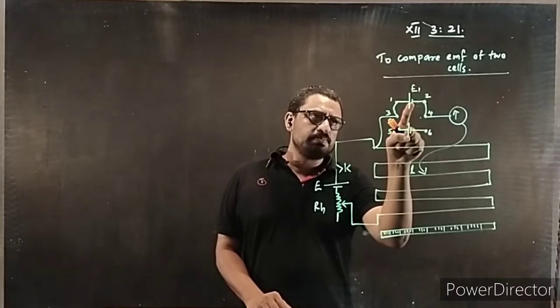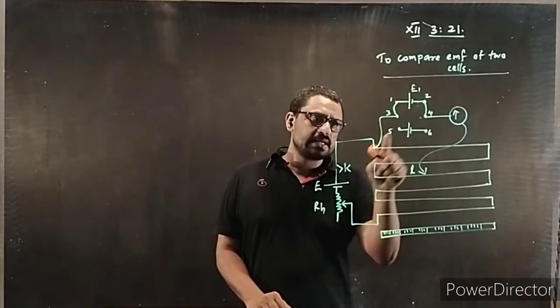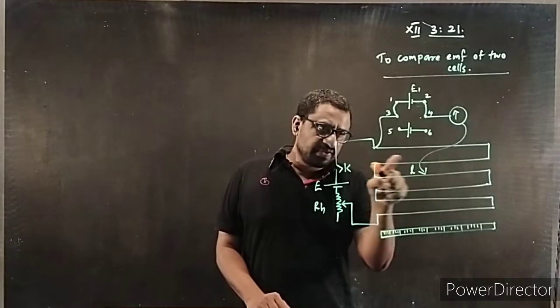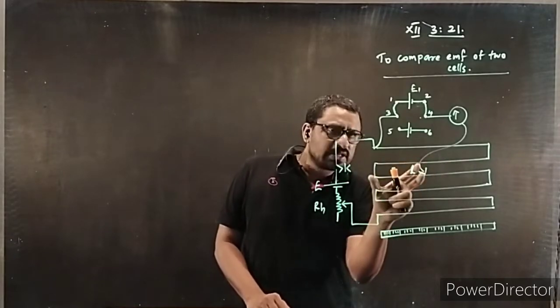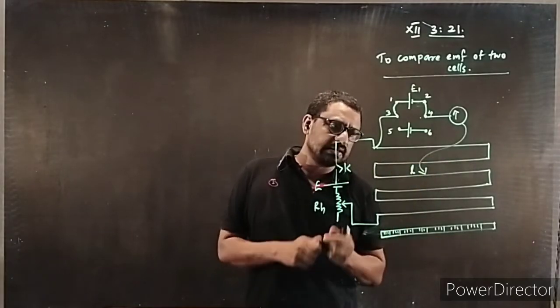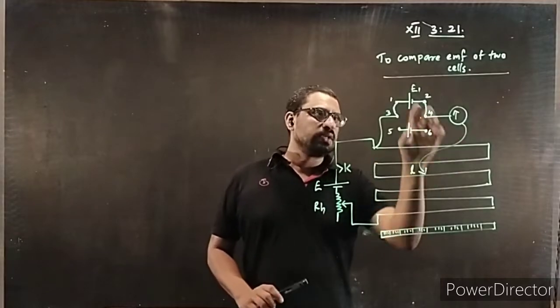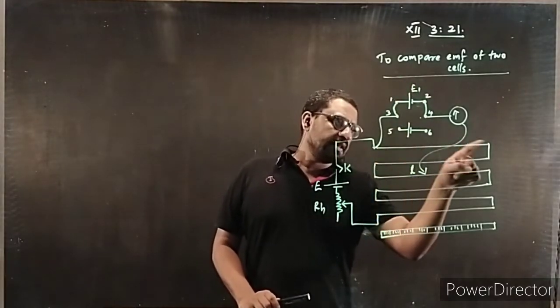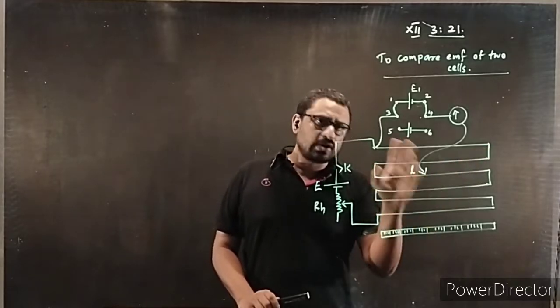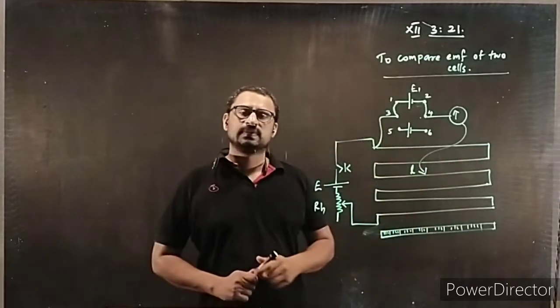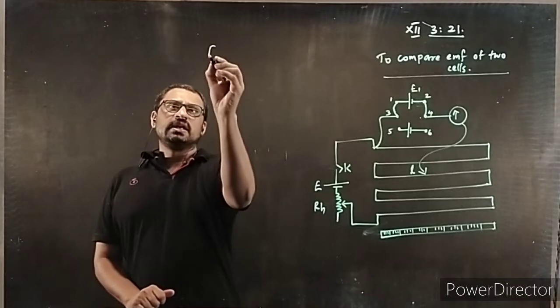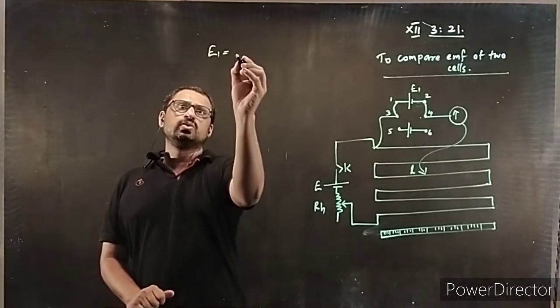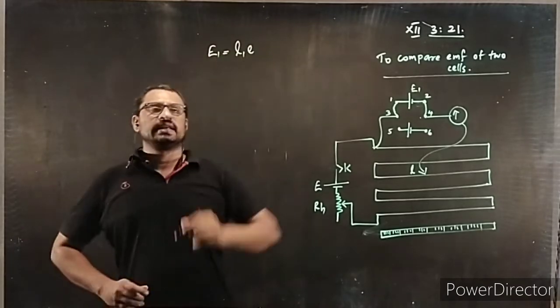This E1 is balanced by a potential difference which is developed in that much length. Suppose it is length L1. So this E1 is balanced by the potential difference developed across that much length. So you can say E1 is equal to L1E.